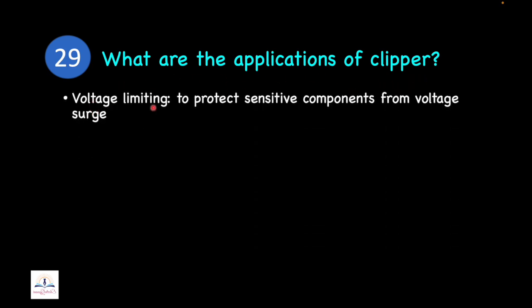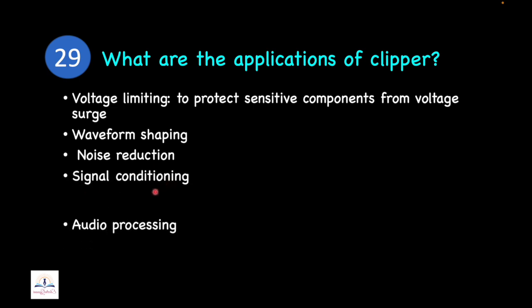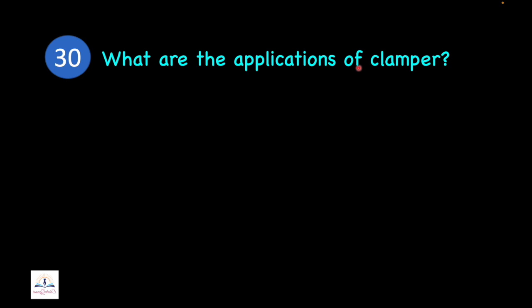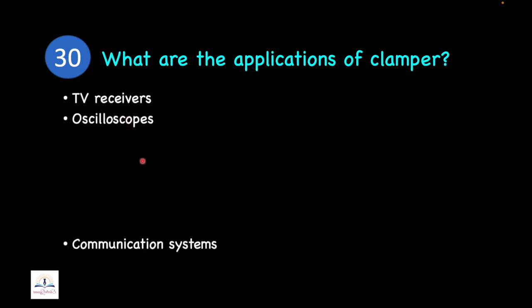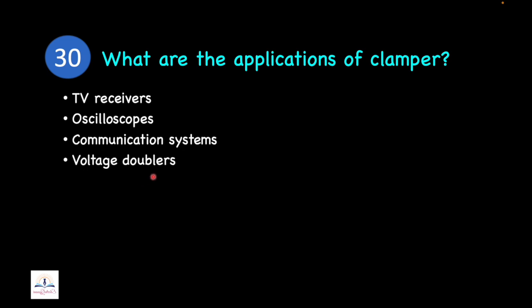Clippers are used in voltage limiting circuits to protect sensitive components from voltage surge, and also in waveform shaping, noise reduction, signal conditioning, audio processing. Next is, what are the applications of clamper? It is used in TV receivers, oscilloscopes, communication systems, voltage doublers, radar and sonar systems.